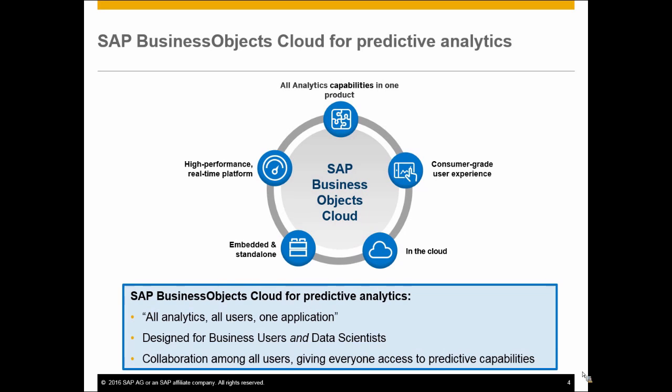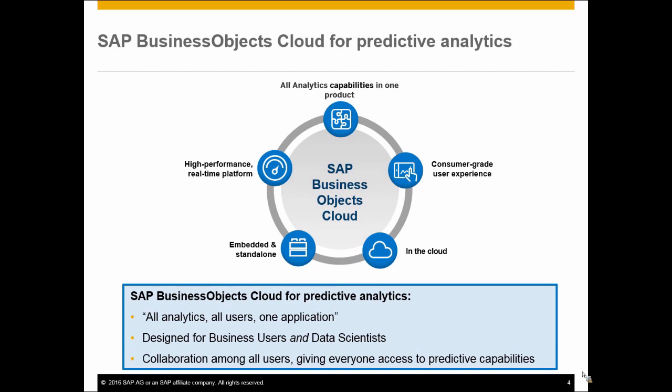And the reason why we brought predictive functionality into our cloud offering is so that we have one analytics experience for all users. We are targeting with our predictive functionality not only the data scientists, not only the few people in an organization who may have a PhD in math or statistics.